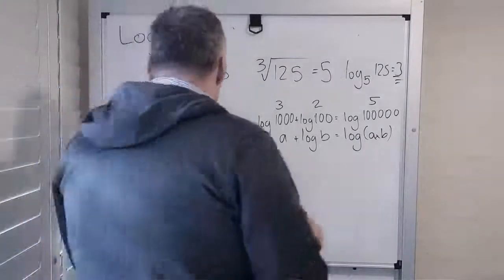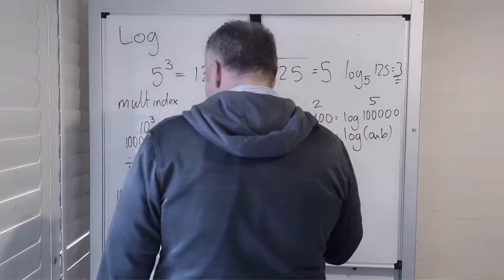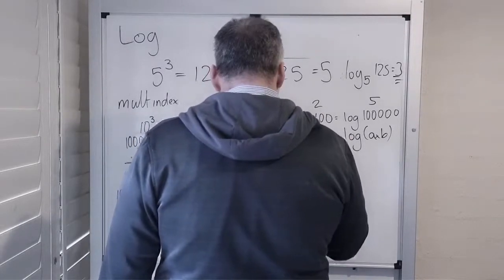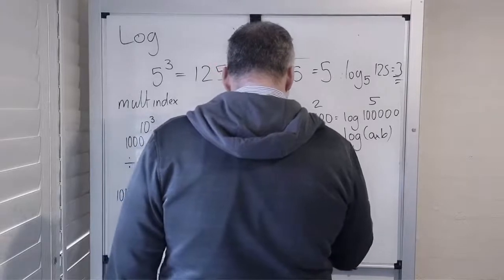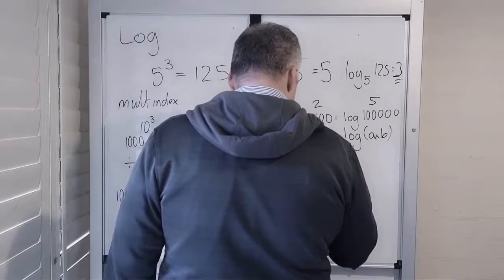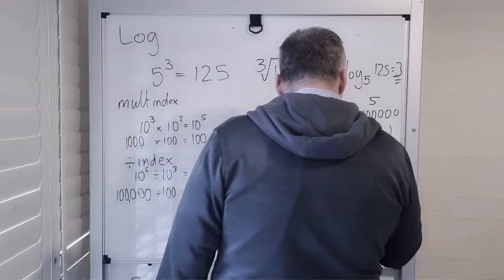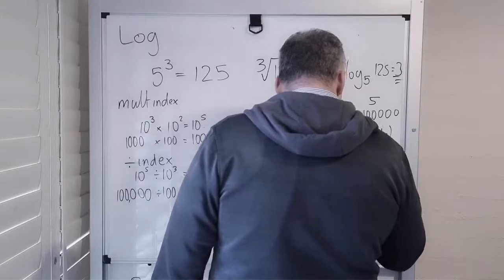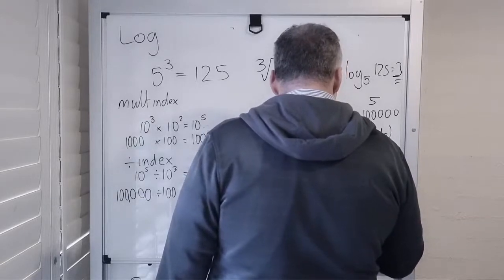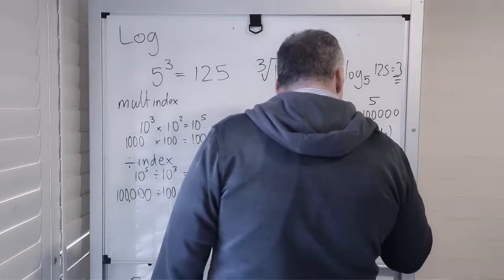And then log 100,000, or your 5, minus log 100, or your 2, should equal log 1,000.